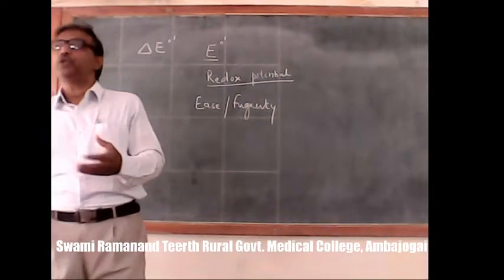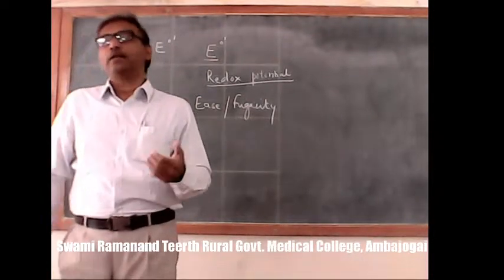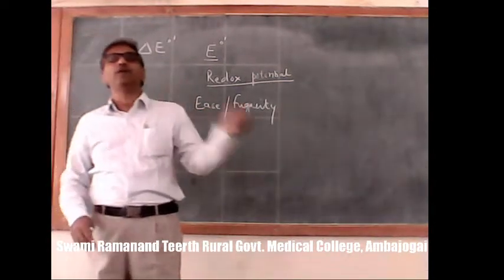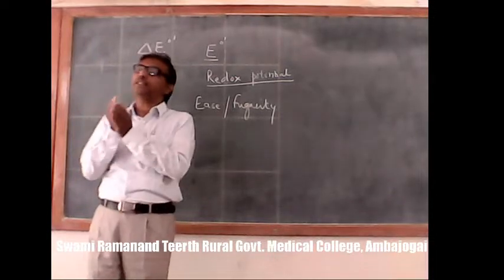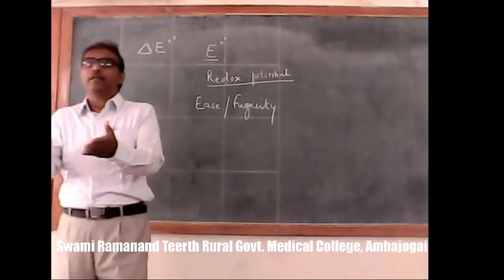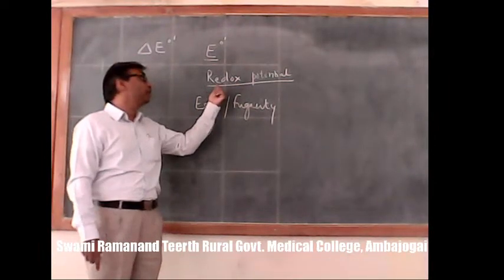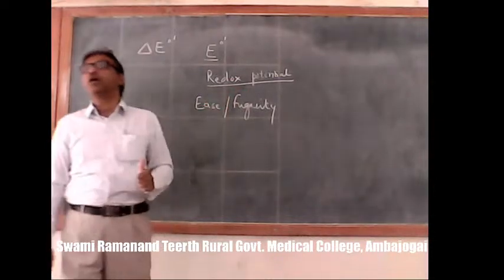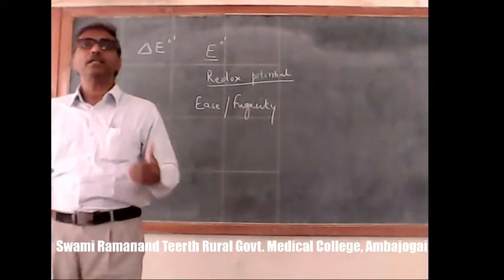What do you mean by fugitive? A person on the run. So whenever electrons run away from one substance and are accepted by another, this capacity of any substance to donate and accept the electron is called redox potential. Reduction oxidation potential.